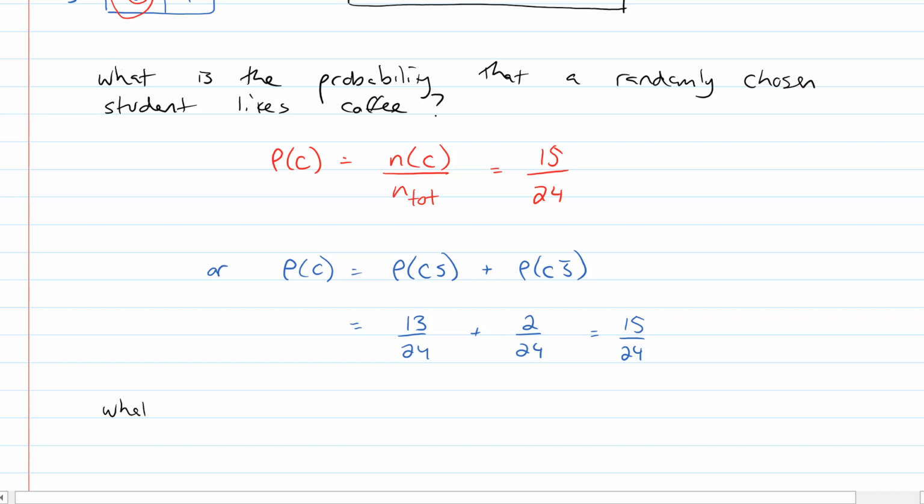What is the probability that a randomly chosen student does not like coffee?